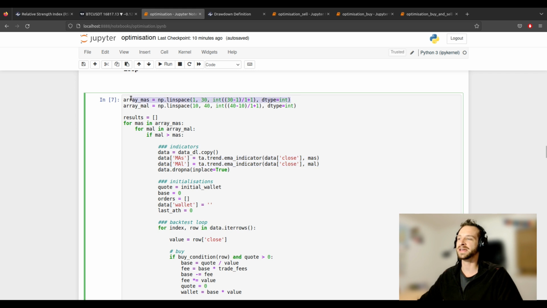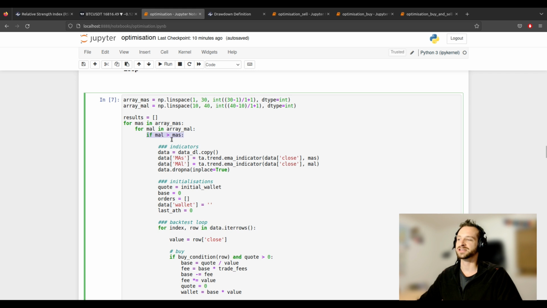These arrays I'm defining here, and I'm going to check for values of my short-term moving average that range between 1 and 30 with a step of 1. And my long-term average is going to be between 10 and 40 with a step of 1. That's where I found the most interesting information. That's why I chose these.